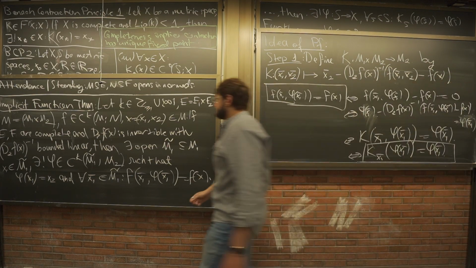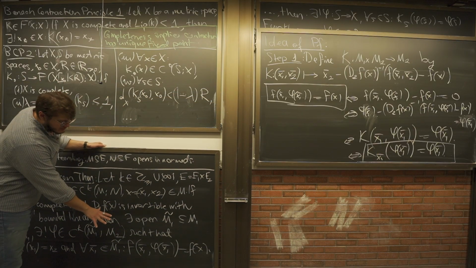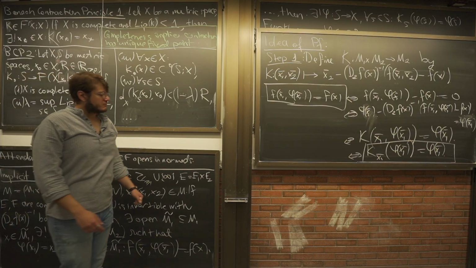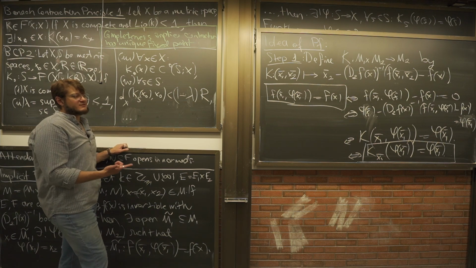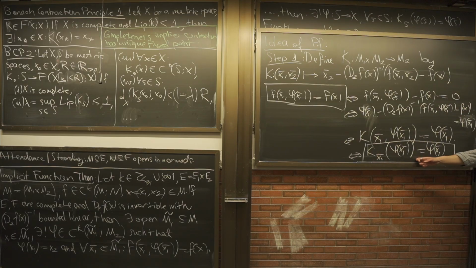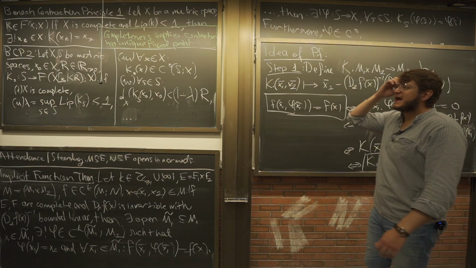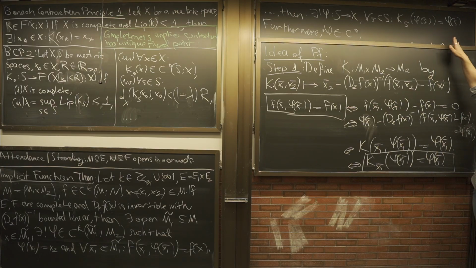All this is to say, I start with this, and I'm trying to rephrase things so that it fits into the BCP paradigm. So I start with the equation I'm trying to solve, and I rewrite it in such a way that it's the fixed point of something. Okay, now this is a fixed point equation. Then you say, if I could verify that the conditions of BCP2 are satisfied, BCP2 automatically gives me that there's a unique phi.